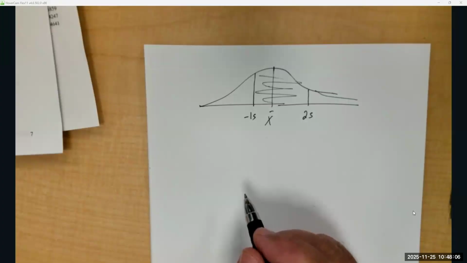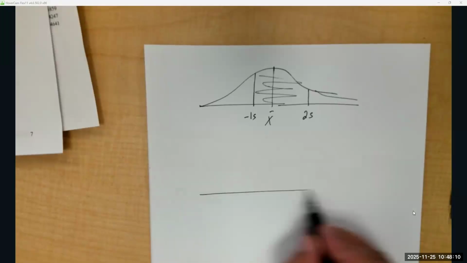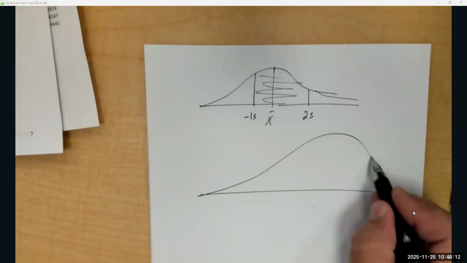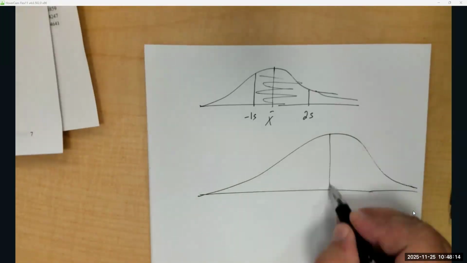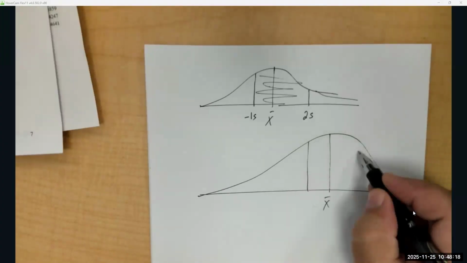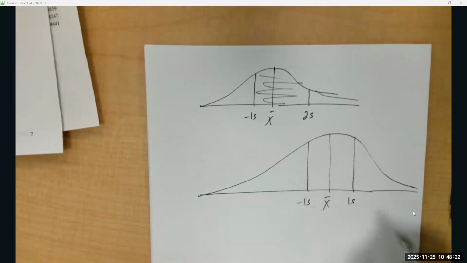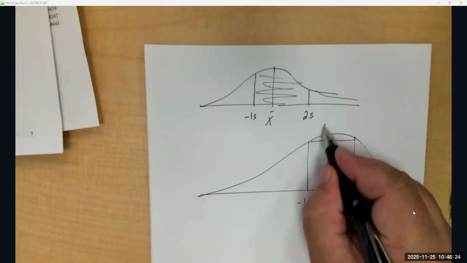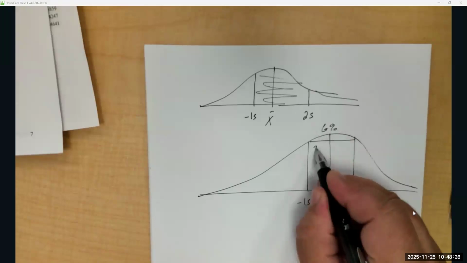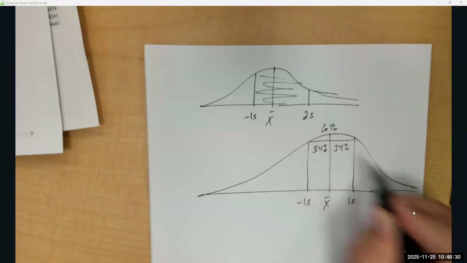So actually, we have to look at first, we have to break down. We had the bell curve here originally. We know we have one standard deviation here, and that has to be 68% of my data. As you said earlier, this is 34%. That's 34%.